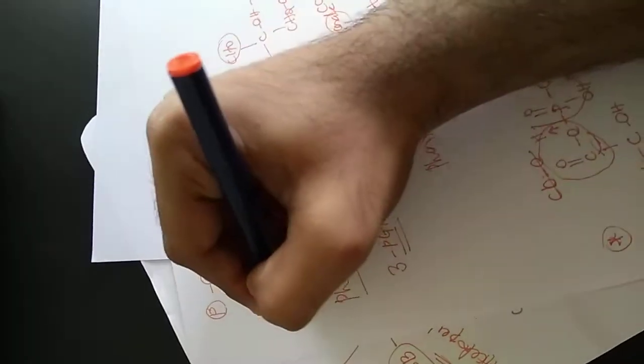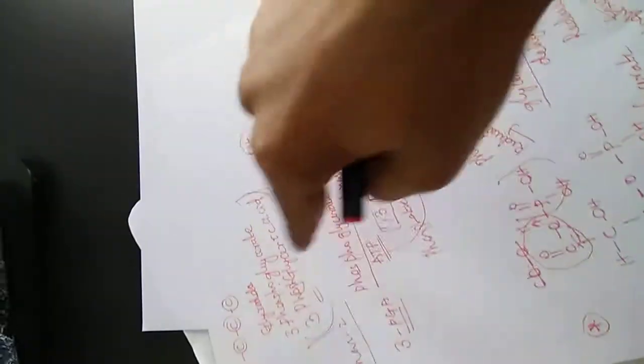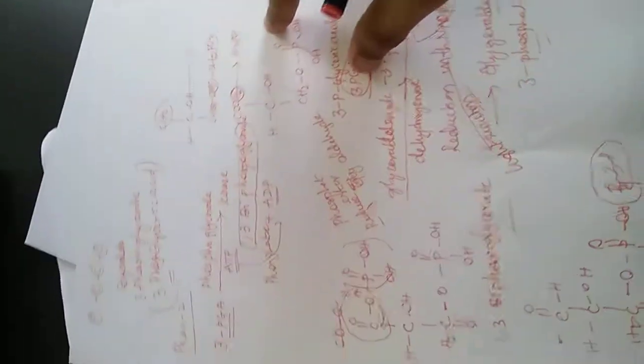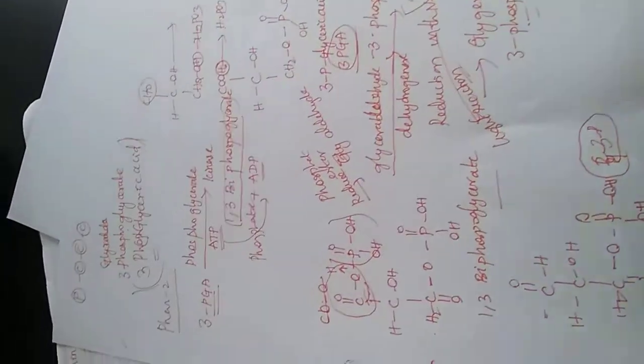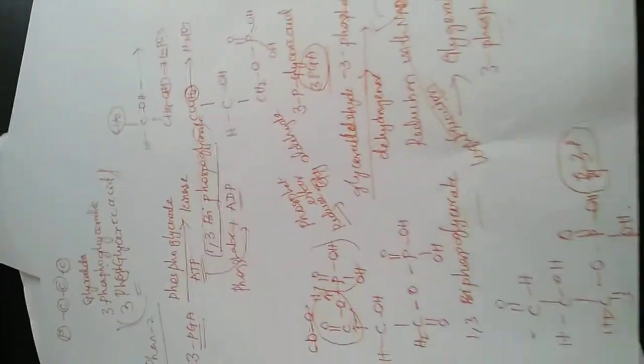This is the end of step 1, carbon fixation. Then we took this and converted it into a biphosphate compound, and then we reduced this biphosphate ester to form G3P. This is an aldehyde, so this is a reduction reaction.